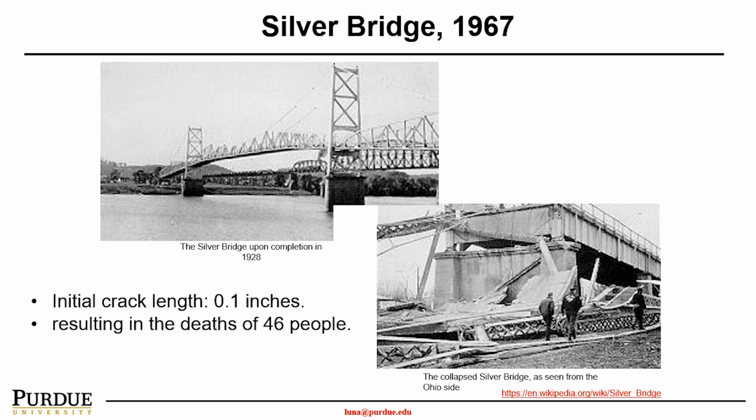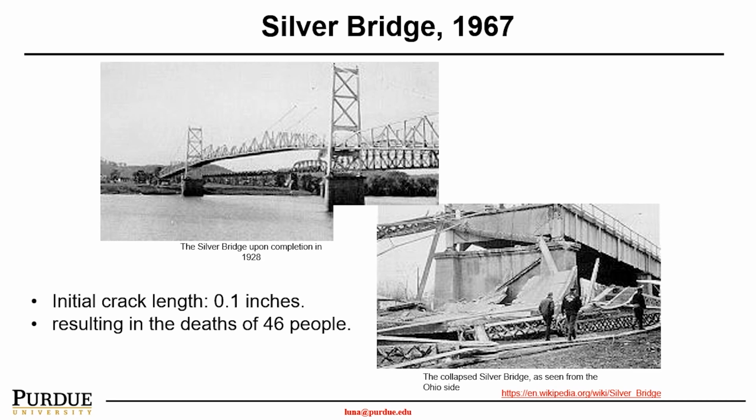There are numerous cases where one crack at a material level has led to catastrophic failure of structures, and also resulted in losses of lives and property damage. The Silver Bridge is one such example, and it's well known. This is the eyebar chain suspension bridge, built in 1928 over the Ohio River on US 35.